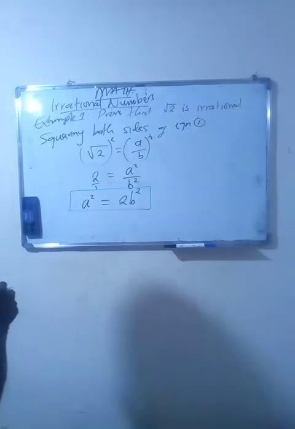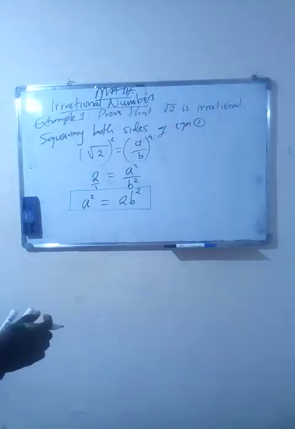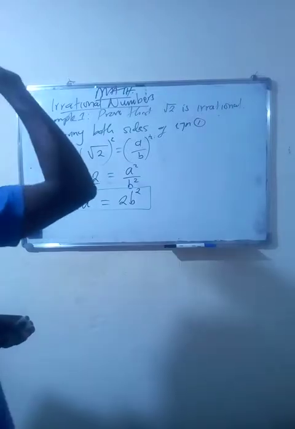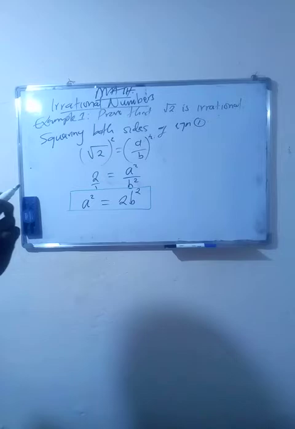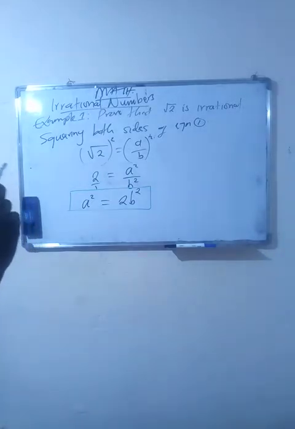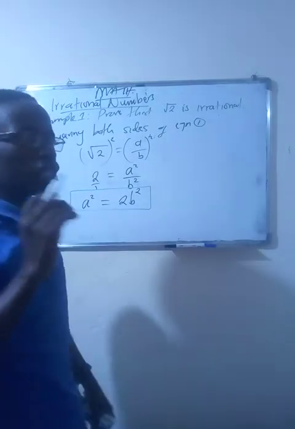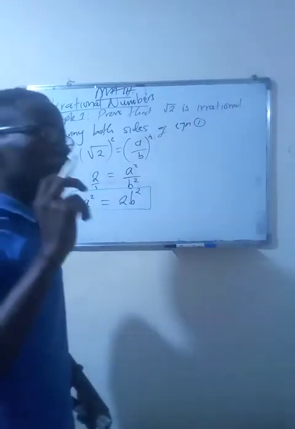Now I want to show you something that is interesting. Whenever you multiply any integer by 2, the number that you get is actually an even number.